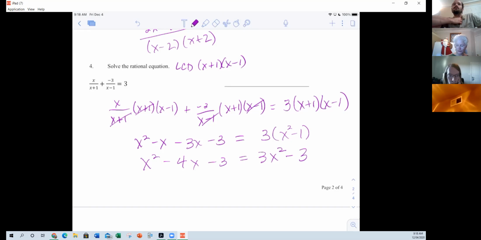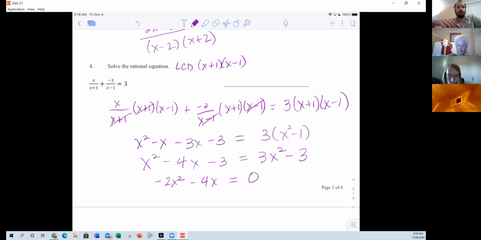Set the whole thing equal to 0. So if I subtract 3x squared from both sides, I get negative 2x squared minus 4x, and the 3s will cancel out, equals 0.